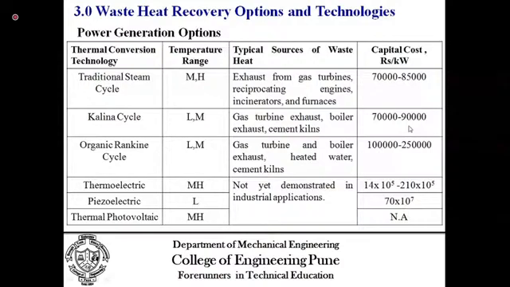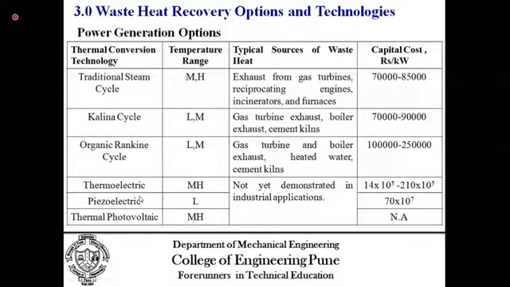The organic Rankine cycle is for low to medium temperature, and the capital cost slowly goes on increasing. When we go for unconventional forms of energy usage, capital cost goes on increasing. It is nearly 1 lakh, 1.5 lakh per kilowatt. And these are very innovative forms of converting waste into power.